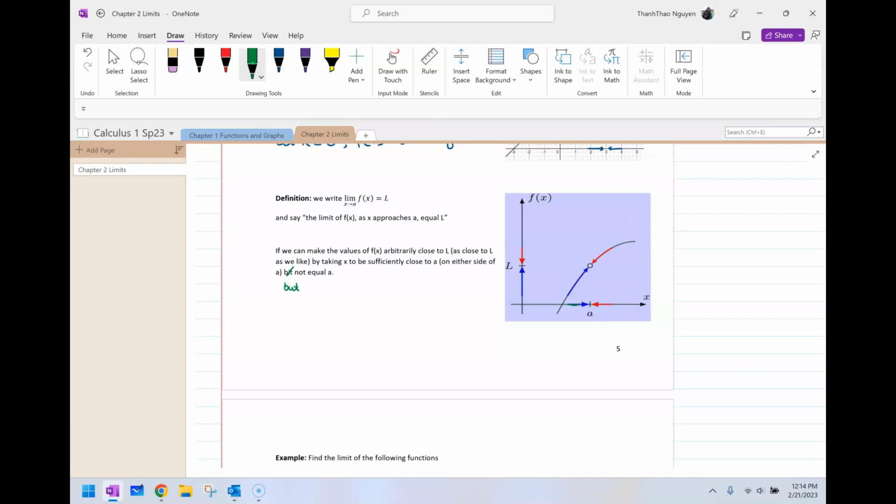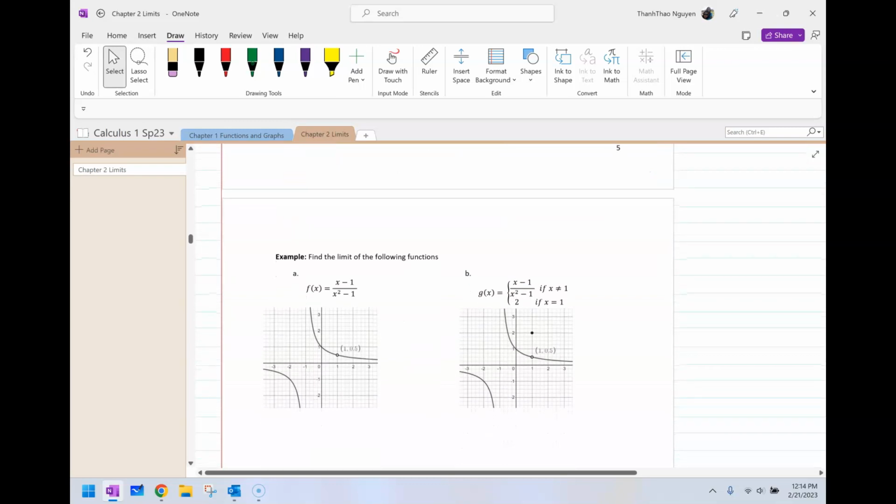So on either side, it is as close as possible, like we see here. Then f of x can be as close as possible to L, but the value of f of a may not exist, like that previous problem that we had. Again, the limit of the function has nothing to do with the value of the function at that point.